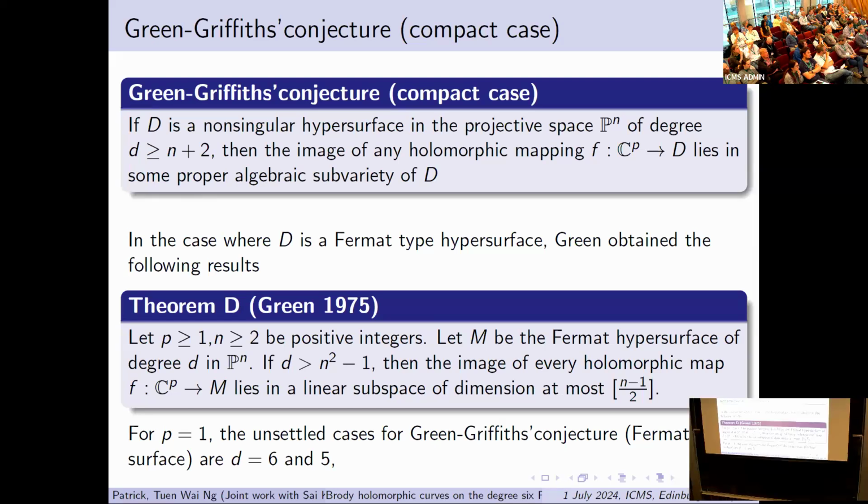However, for d equal to 5, we already have one example by Gundersen and Tohge, which is a non-trivial example. But for that example, you can check the image is lying inside a proper linear subspace of precisely this dimension.